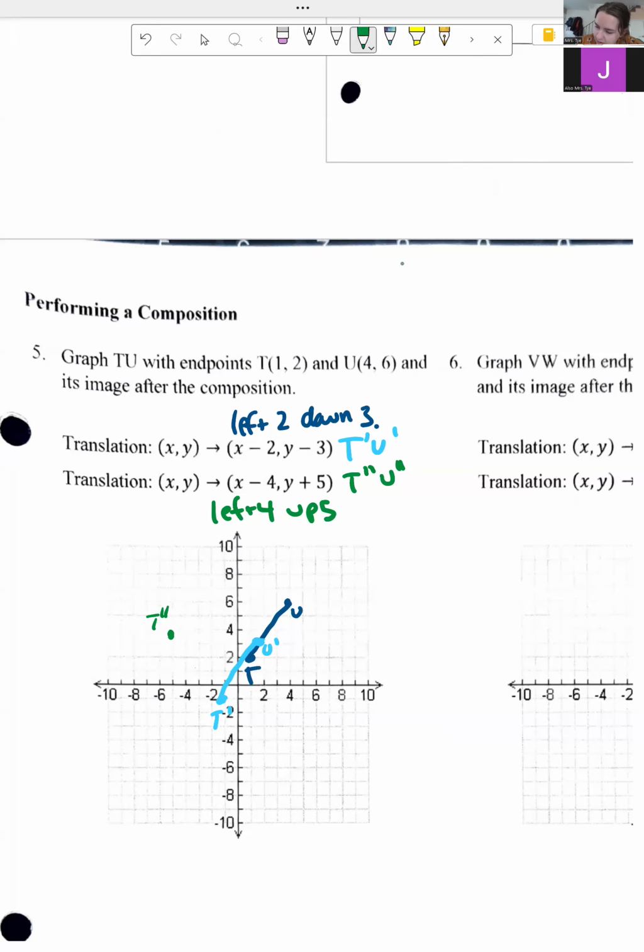This one, left 4, 1, 2, 3, 4, up 5. Right there. U double prime, and we will connect. So its pre-image was this TU, and then it has two images after that. The T prime U prime and the T double prime U double prime. And that's it.